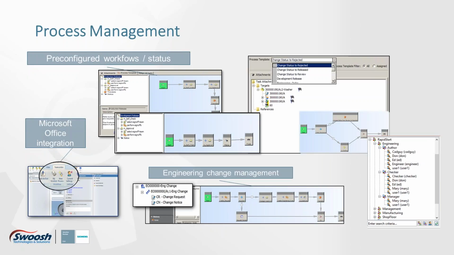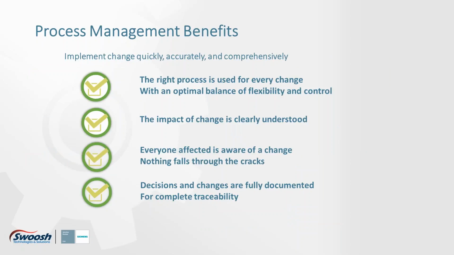Just the creation of this setup, the icon and the forms, is another real big plus of using the pre-configured RapidStart configuration, because you don't have to do that on your own. You don't have to wait for somebody to come up with it. It's already built into the system, and you can use it from day one. So with process management, the process is there all the time.